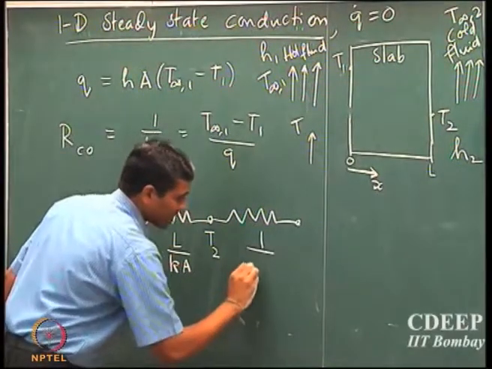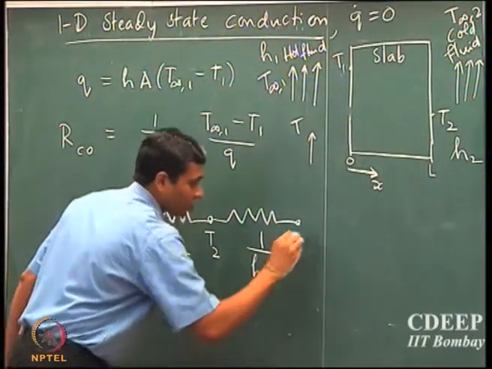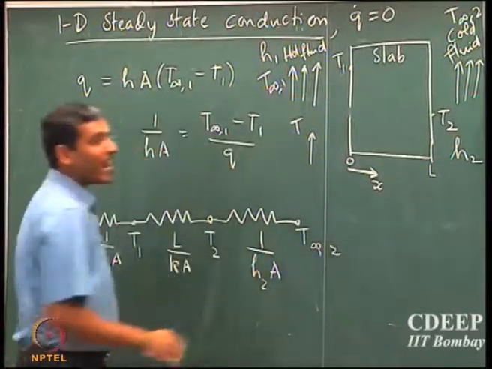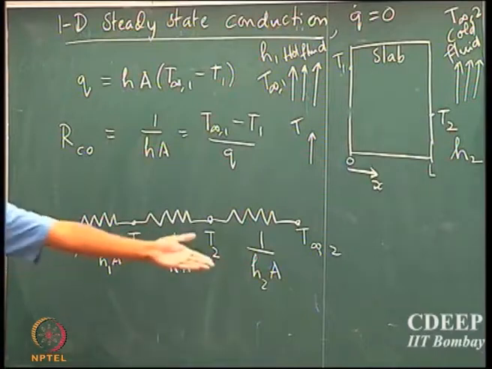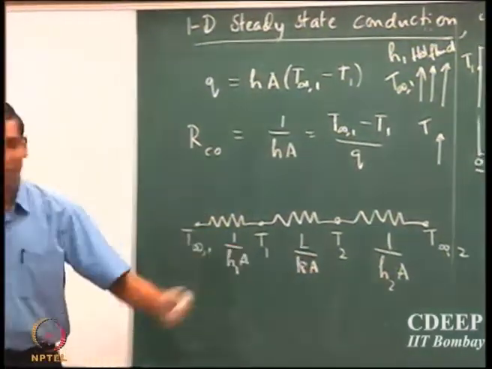And similarly, the resistance here is given by 1 by h2A. So you can almost read out what the resistances are. That's the power of the resistance method that you've learnt in your electricity classes. So you can almost read out the properties and present it in terms of the network.